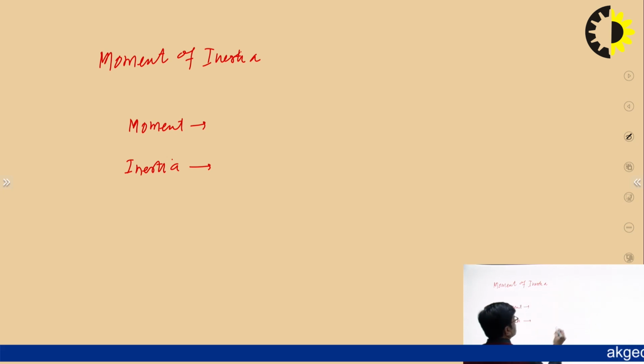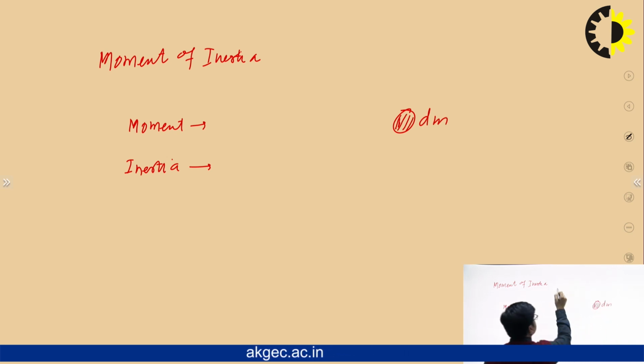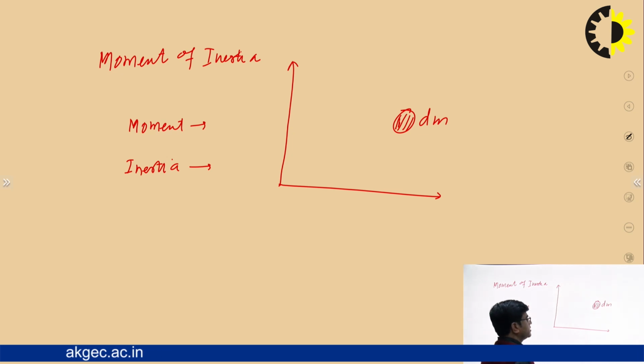Mathematically, how is moment of inertia defined? Let us assume an elemental mass dm situated at a certain distance from the given axis.